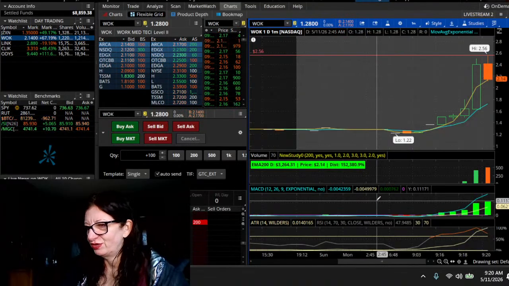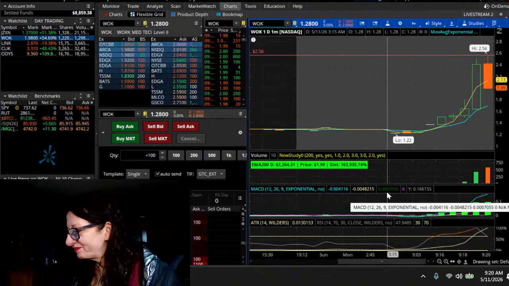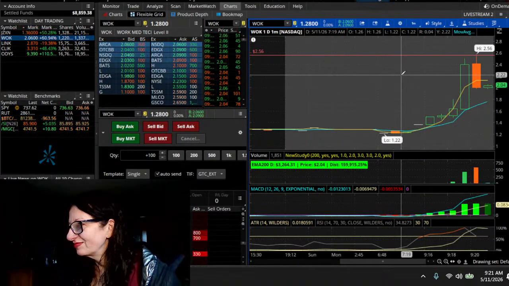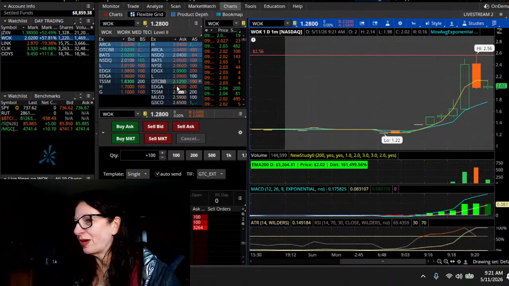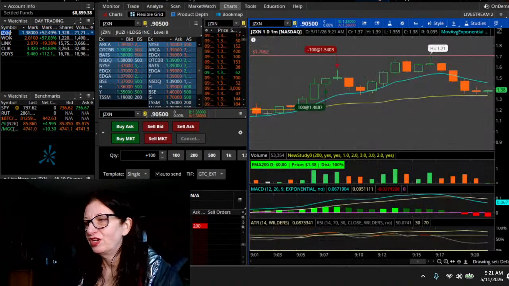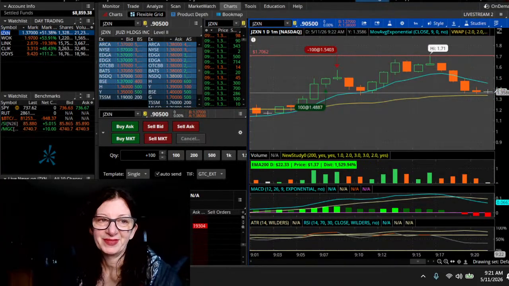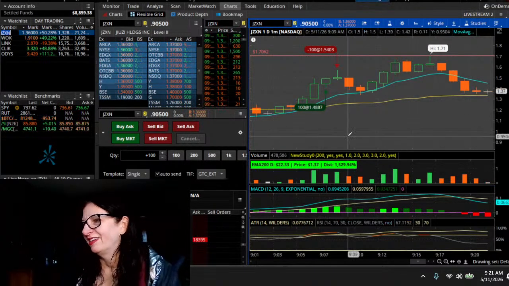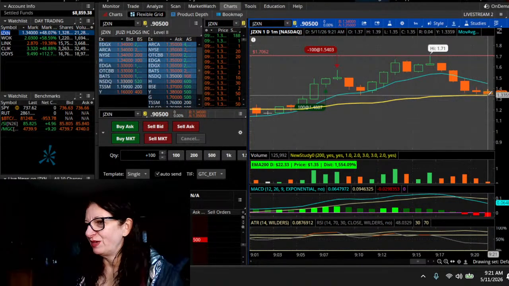Look at that, 150,000%. Oh, well, now we're below VWAP. I thought that might have a little bit of potential. JZXN is below 9 EMA, and it's kind of like tapping VWAP here.